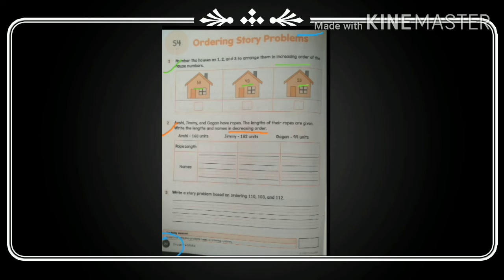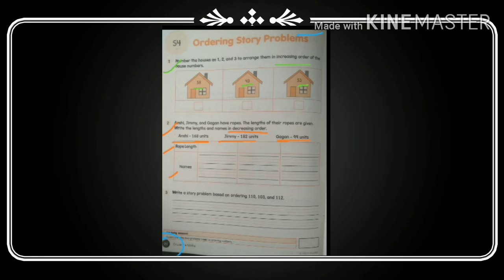The names of the children and their rope lengths are given here. So you have to write in this table their names in these boxes and rope lengths in decreasing order. Decreasing means, again I am telling you, children, big to small. Okay, first you have to pick up the biggest number of units rope.